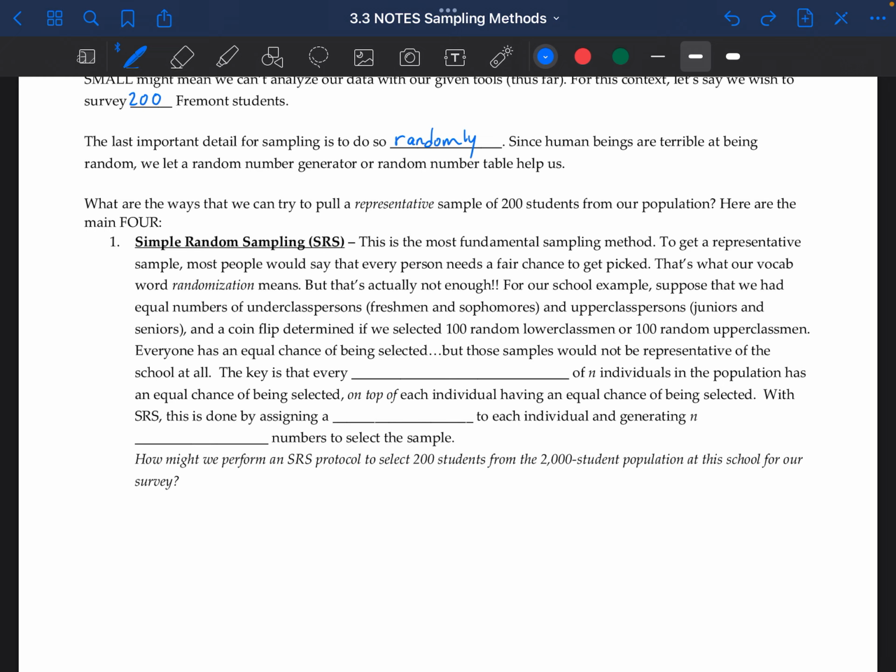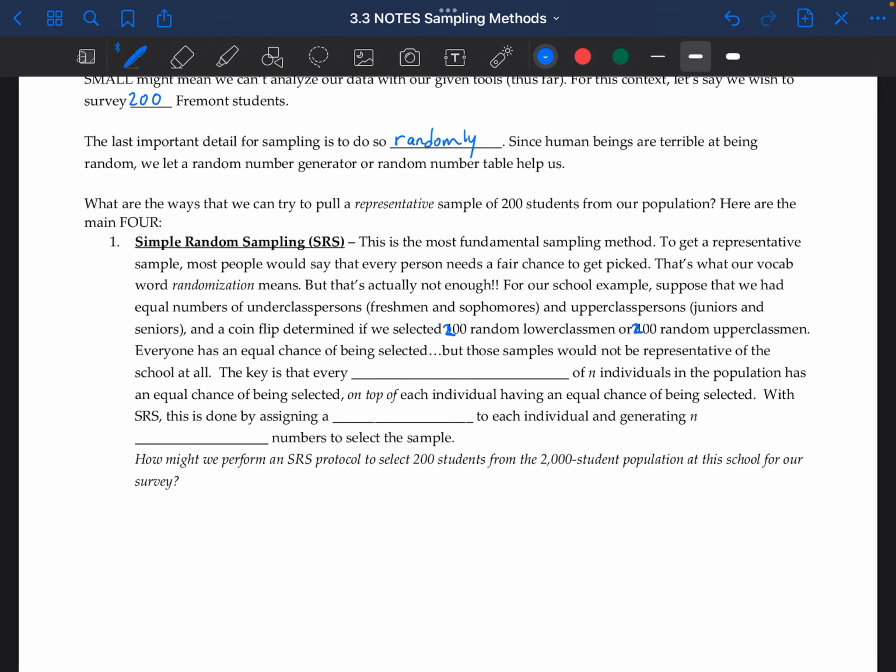For example, what if I said, all right, I have all of the lower class persons, freshmen and sophomores, and upper class persons, juniors and seniors. Split them into 2 groups. I'm going to flip a coin, and after I flip my coin, I'm going to randomly choose either the lower classmen or the upperclassmen and randomly select 200 of them.